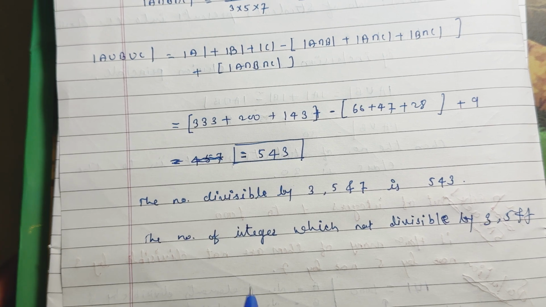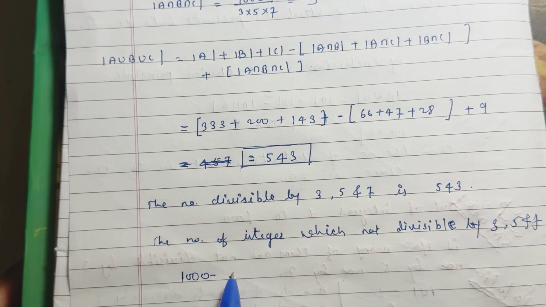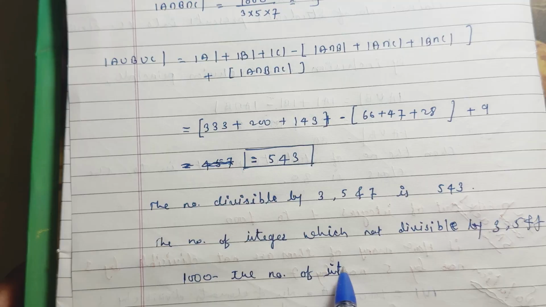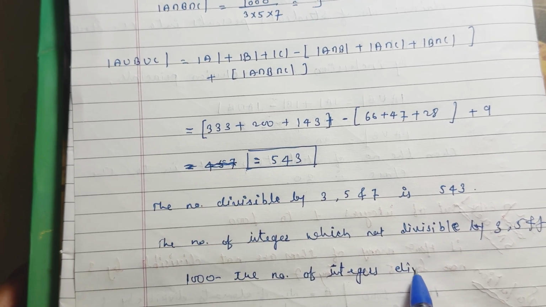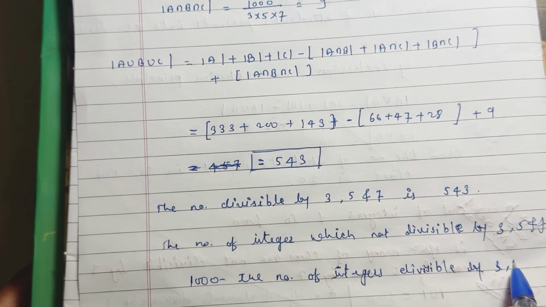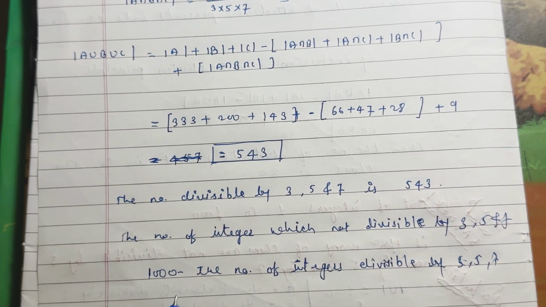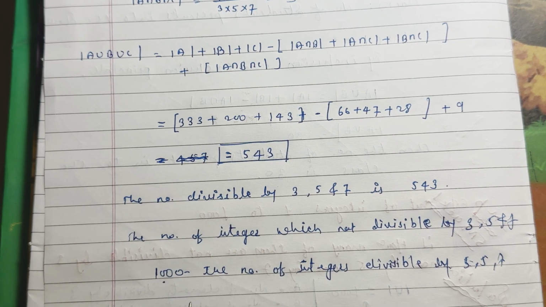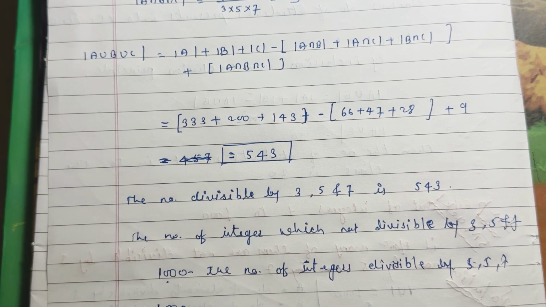That means the number of integers is 1000 minus the number of integers divisible by 3, 5, 7. You have to take it away from 1000. That means we are taking the complement from our universal set. That means 1000 minus 543.